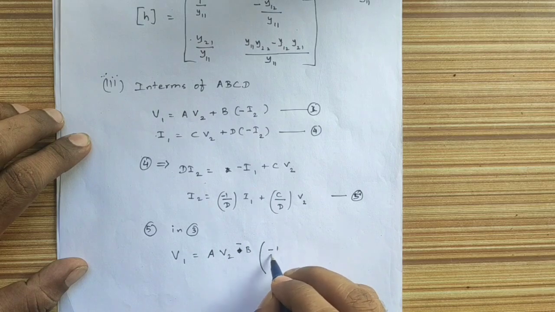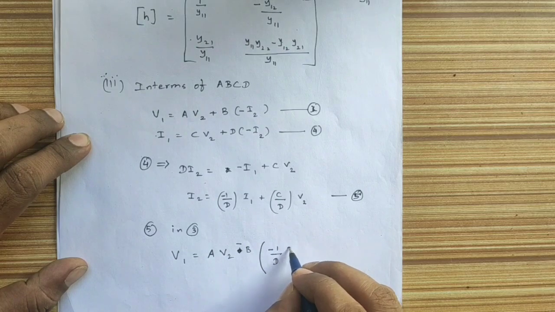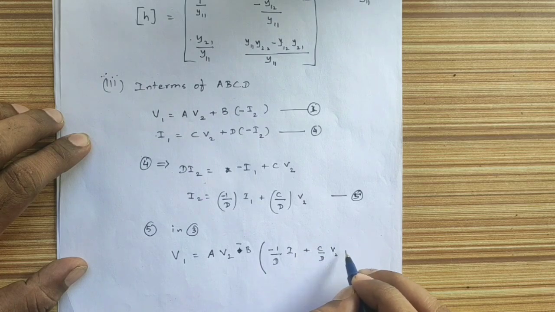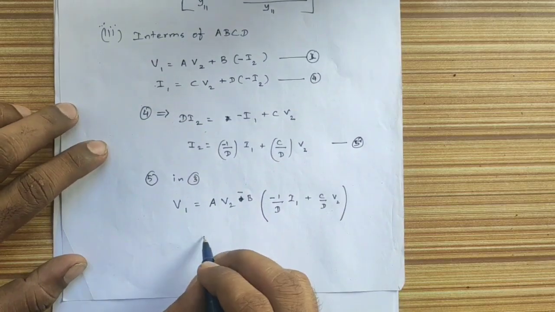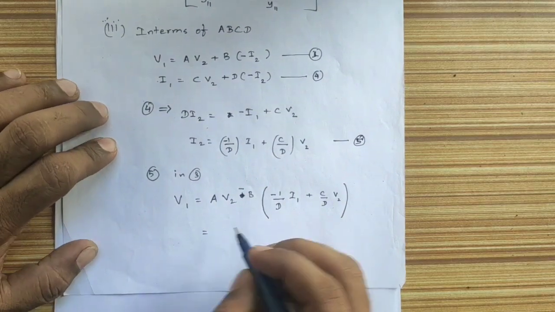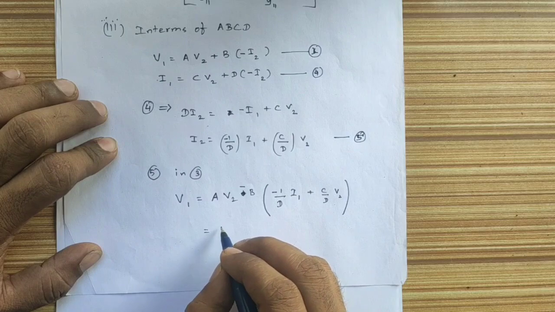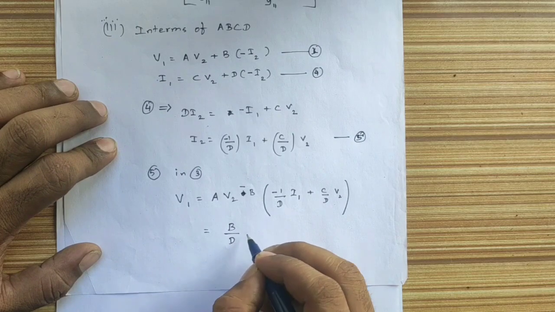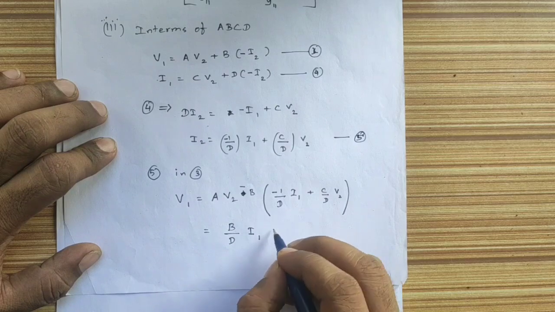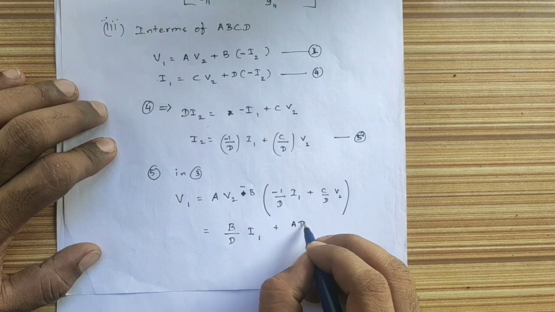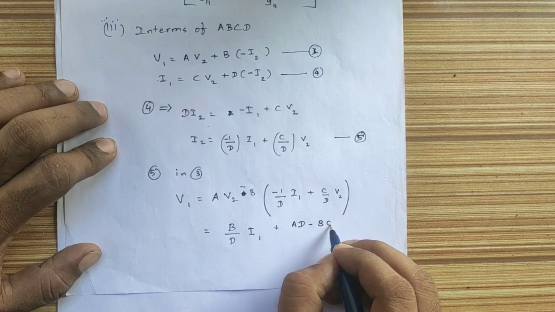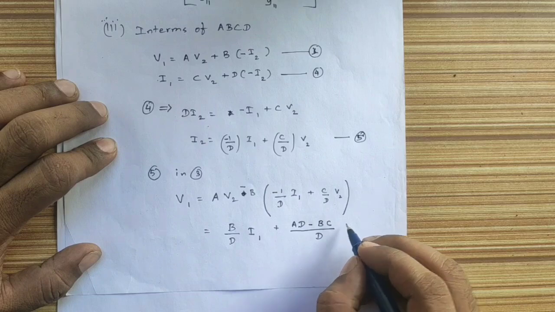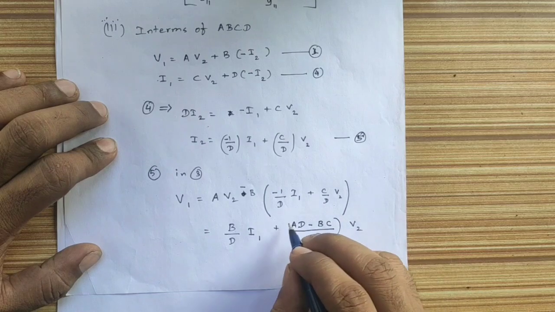I am going to substitute this equation number 5 in 3, and I am getting V1 equal to A into V2 plus B into minus I2. Instead of minus I2 I am writing this term, minus 1 by D I1 plus C by D V2. If I modify this equation, I will get B by D I1 plus AD minus BC whole divided by D into V2.